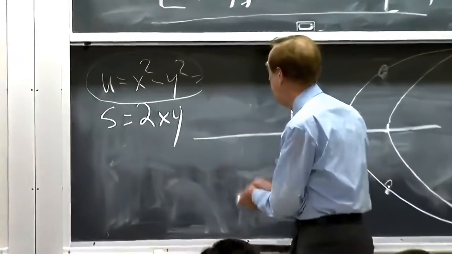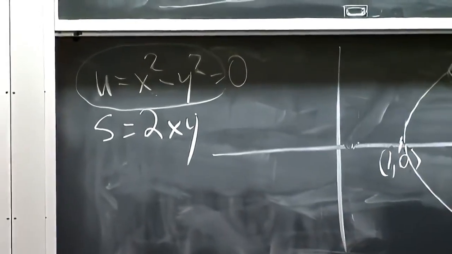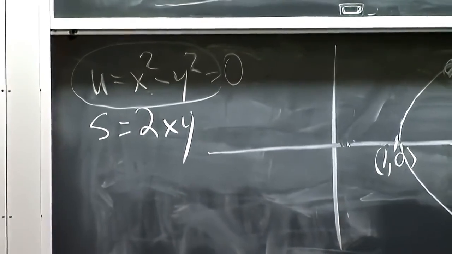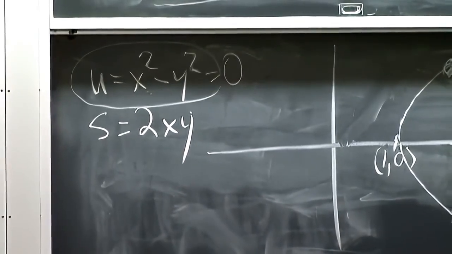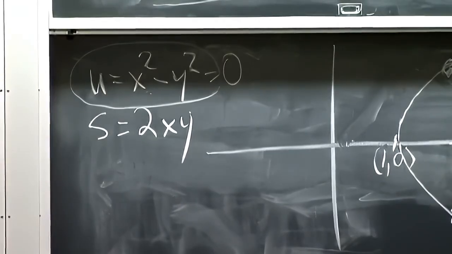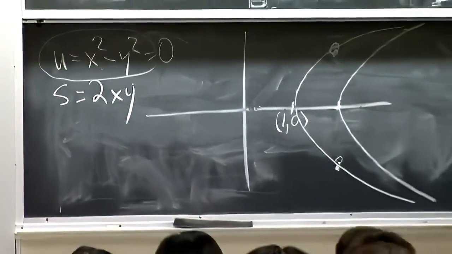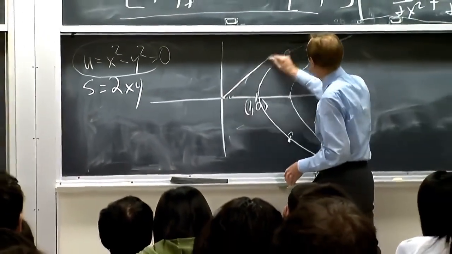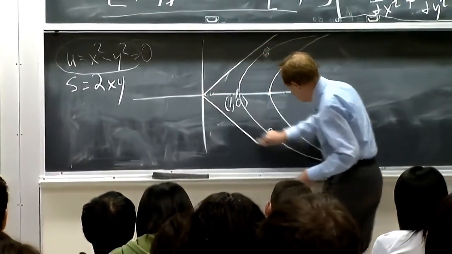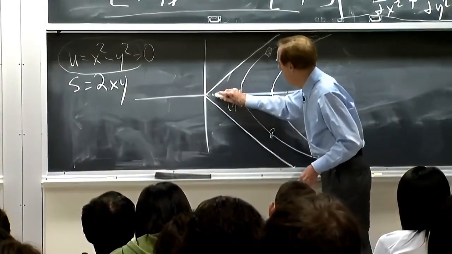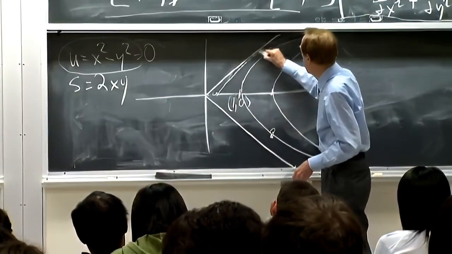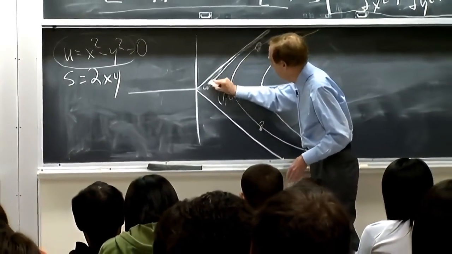When that is 0, what's my curve? What are x and y? They'll be the same. x will be y or minus y. I'll be on that straight line or on this straight line. So all these other hyperbolas are asymptotic to those lines.